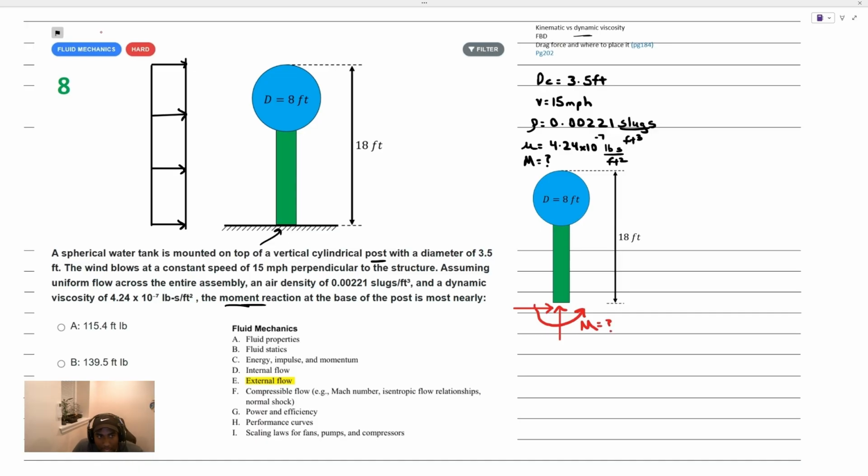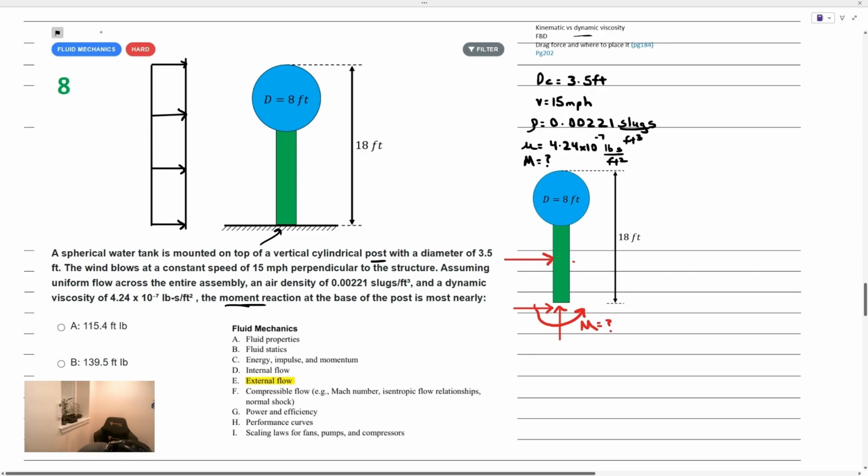Additionally, due to that velocity distribution, there'll be a pressure acting on the entire structure. And because it's uniform, there'll be a uniform section on the cylindrical portion, and then a uniform section on the spherical portion. We would place the drag force produced by that uniform pressure distribution at the centroid.